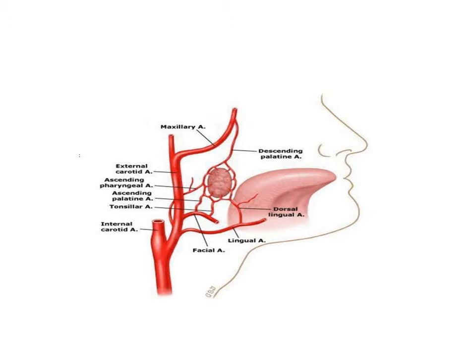The blood supply of the tonsil comes from the lingual artery ascending upward, from the maxillary artery through the descending palatine artery, through the ascending pharyngeal artery, as well as from the facial artery.